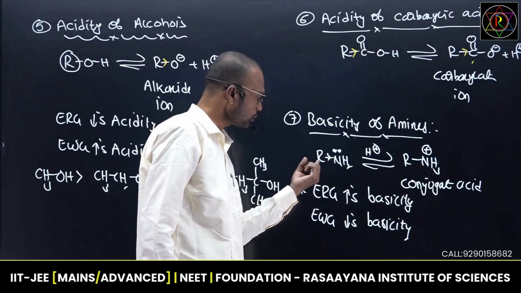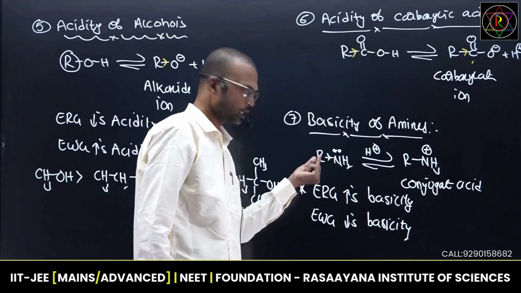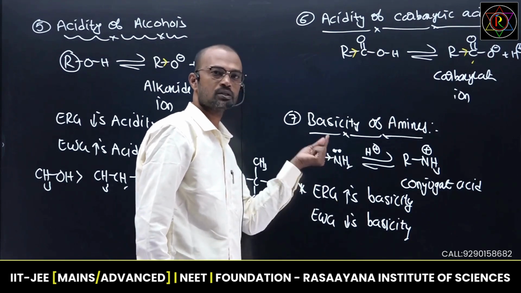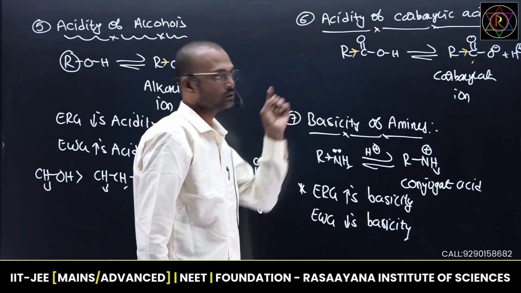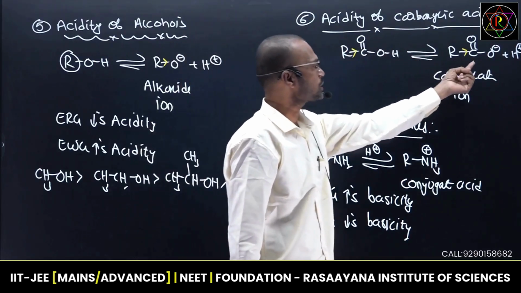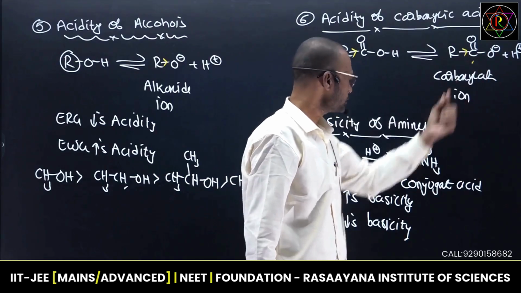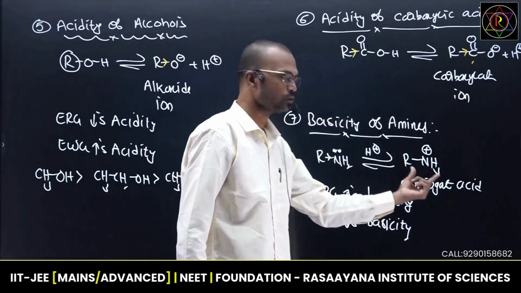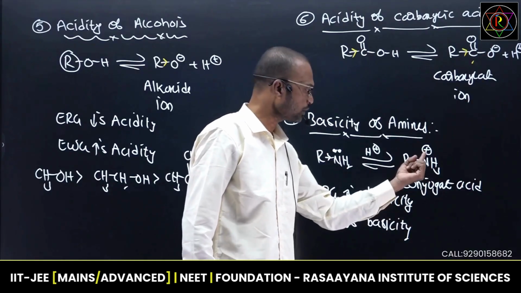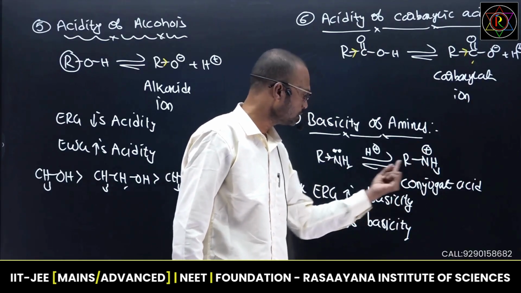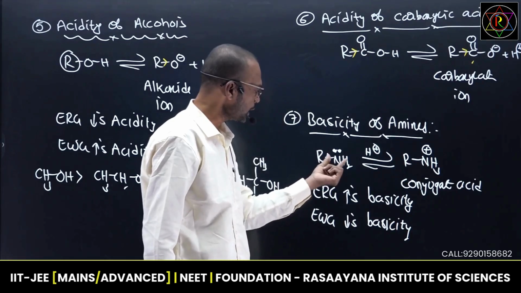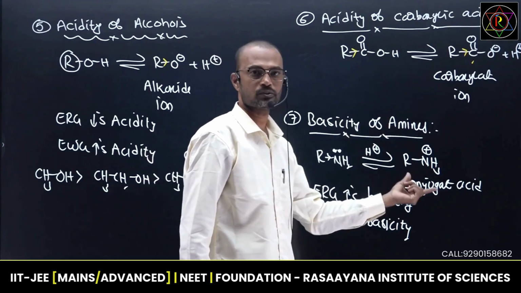If it is a weak donating group, it is less basic. If it is a powerful withdrawing group, it is not basic in nature. Acidity depends on the stability of the conjugate base. Basicity depends on the stability of the conjugate acid. Because if the cation is stabilized by a donor, the basicity of any nitrogen with a donor increases.